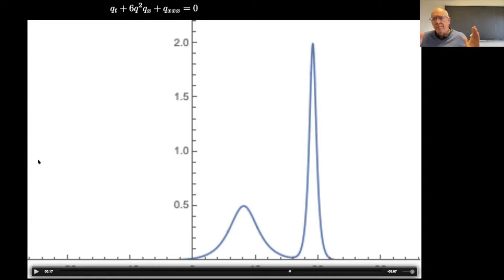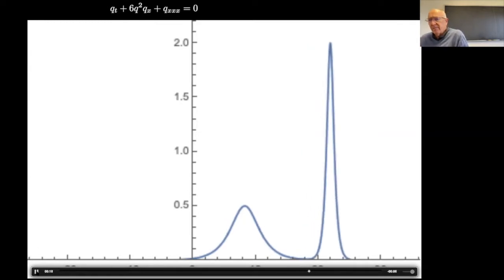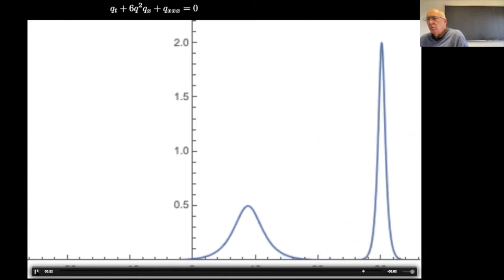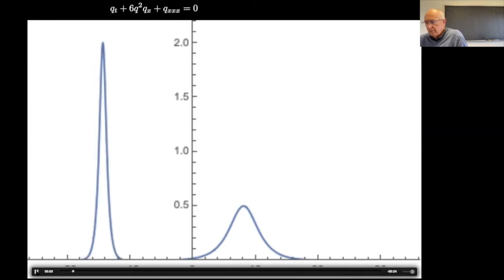They more or less propagate like independent particles on straight line trajectories until they interact. After the interaction, they've shifted in physical location, and then they propagate again with fixed velocities. So that's just a movie of a two soliton solution.